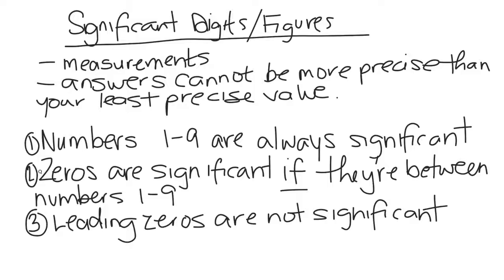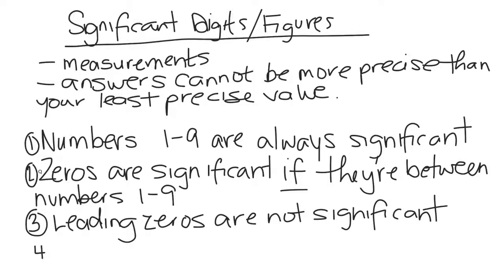Do you know what a trailing zero is then? Zero after the number. Yes, so zeros at the end of a number. These are significant only if there's a decimal place somewhere.